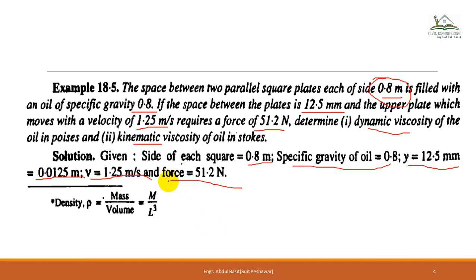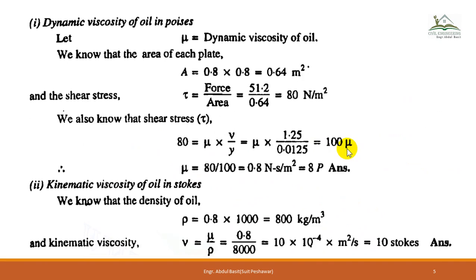From this force you can find out the tau for yourself. How to find tau? Force per unit area. To get this area, one side is given as 0.8, so multiplying 0.8 and 0.8 you will get the area. Then tau will be determined, and then you will find the viscosity as well.